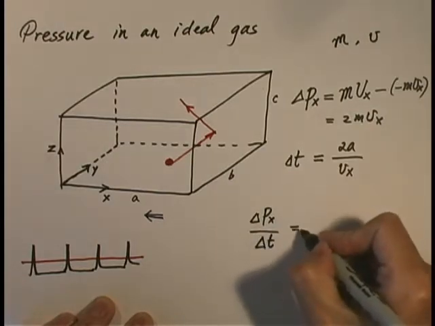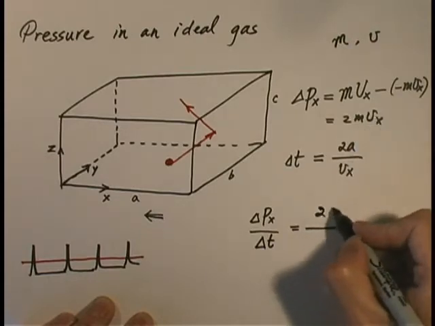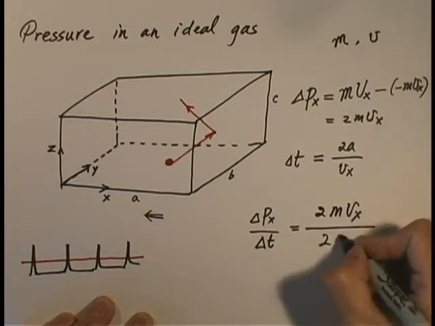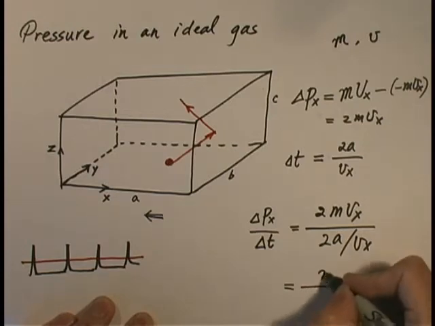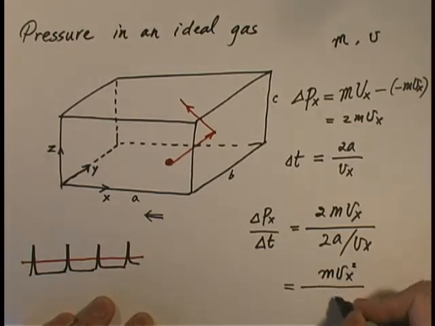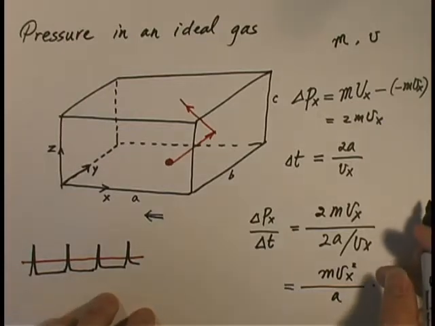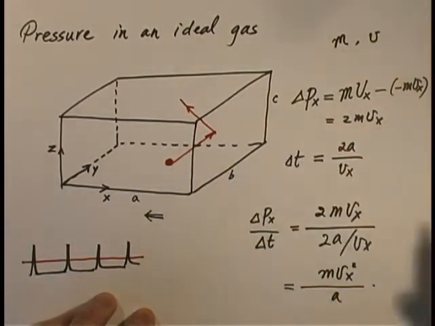And what is that equal to? I'm plugging in this: 2mvx divided by 2a over vx. Okay, let me simplify that. That will be mvx squared over a.